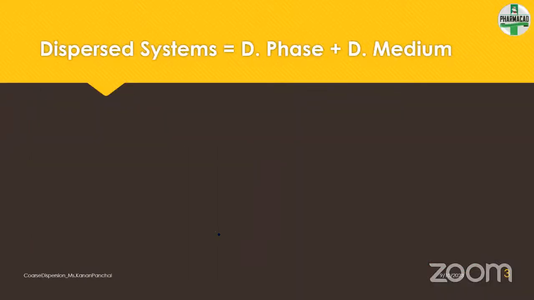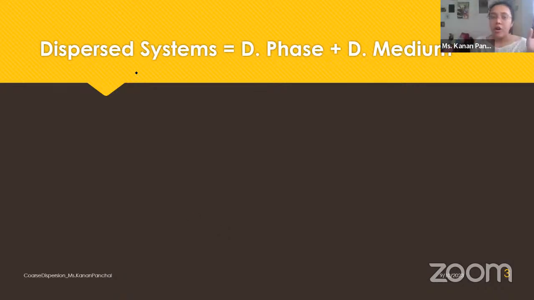So this is an extension, okay, under the umbrella of dispersed systems. As I told you, one, you have your molecular, then you have your colloidal, and then you have your coarse. And coarse, all in all, for pharmaceutical use, broadly, you have suspension and emulsion.